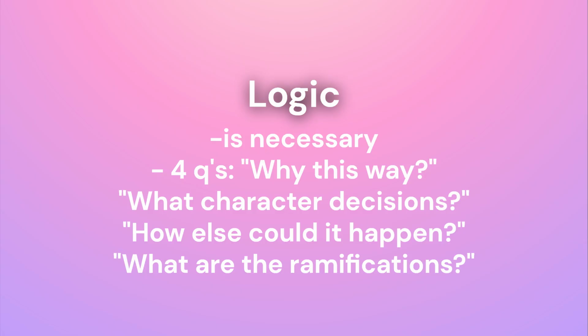So for every action in your story, you should ask yourself, why is it happening this way? What made the character decide to do it if this action is a response of theirs? And what other ways could it possibly happen? And what are the ramifications of this? Just think in real life terms.